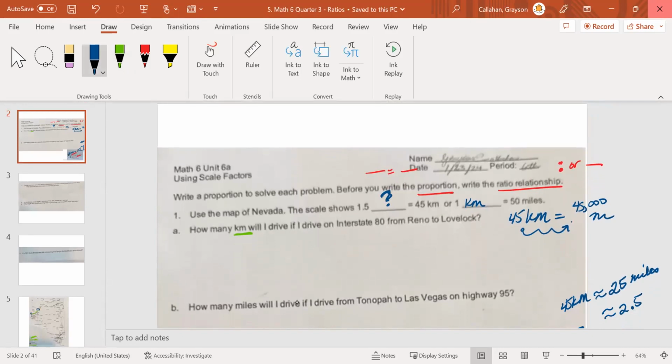I know that 1 kilometer is equal to 0.62 miles. Okay, so my ratio could be 1 kilometer equals 0.6214 miles. Okay.